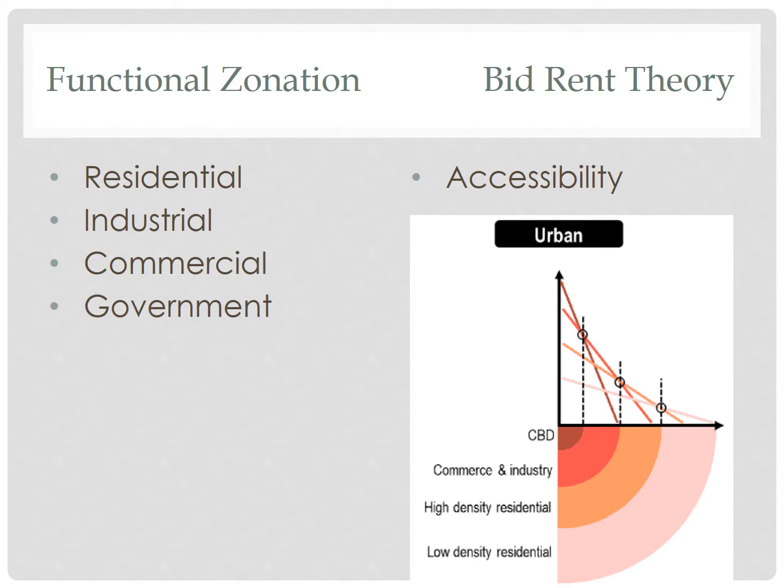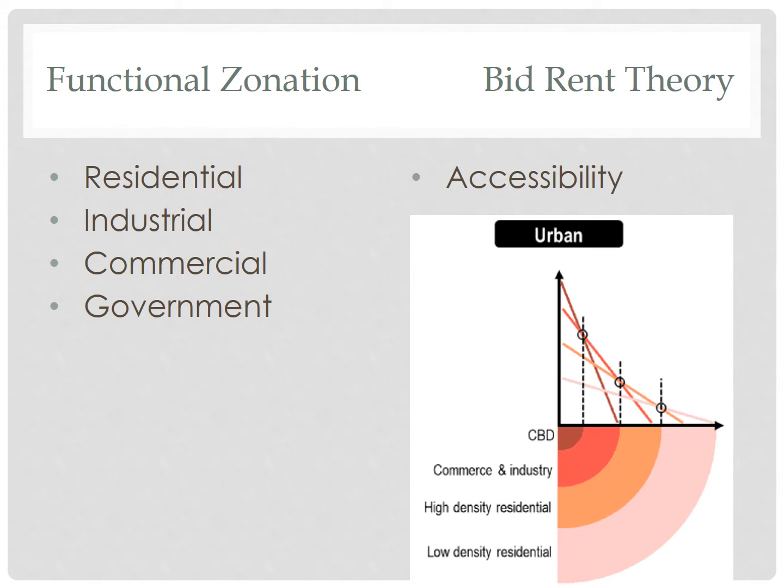If an area is more accessible, certain groups are willing to pay more for that land, driving up the cost. So to illustrate this, land is more expensive near the center of a city and cheaper as one moves towards the periphery of that urban area. And commercial land users desire access to other commercial activities, to markets and to labor, so they're willing to pay more for that land.